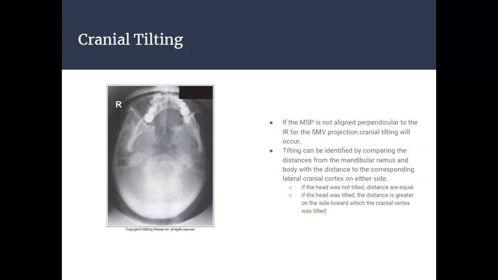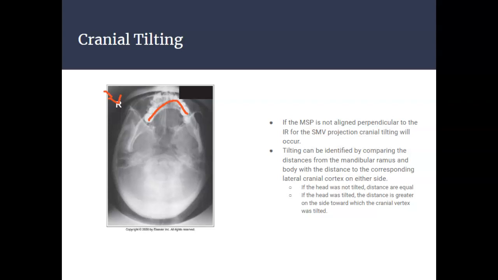In this projection, the top of the head is tilted towards the right. Also in this projection, you can see that the mandibular mentum is not in place where it should be above the ethmoid sinuses.